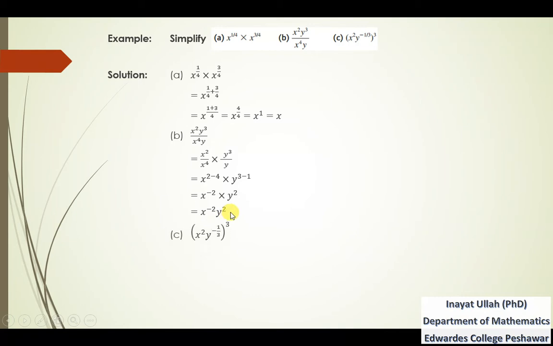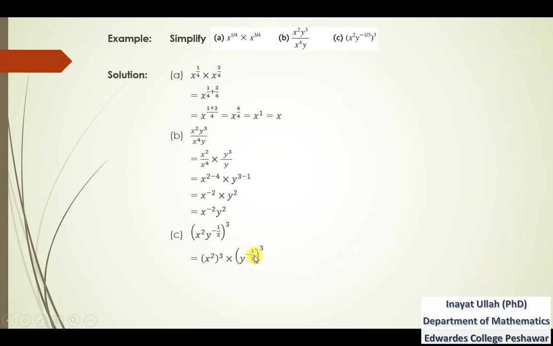Part C. We are going to follow the law of exponent, that this whole power 3 can be written separately on x and on y. So we have written separately this whole cube on x square multiplied by y power minus 1 by 3 whole cube. Now this is the other law of exponents, that we are going to multiply these two powers.